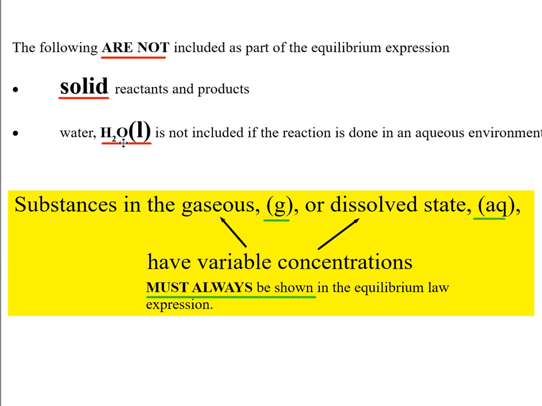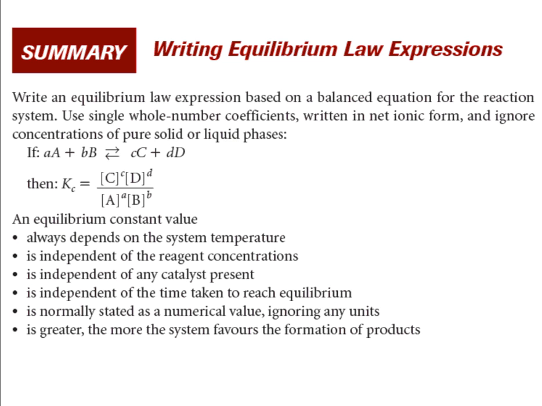So, to reiterate, solids and liquid water species are not included in the expression. Only gaseous and aqueous species are put into our equilibrium expressions. Please read the summary and make sure you understand its components.